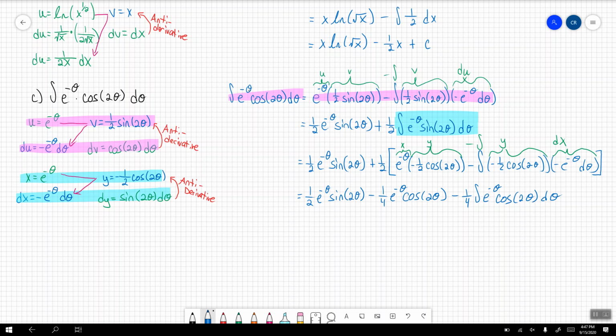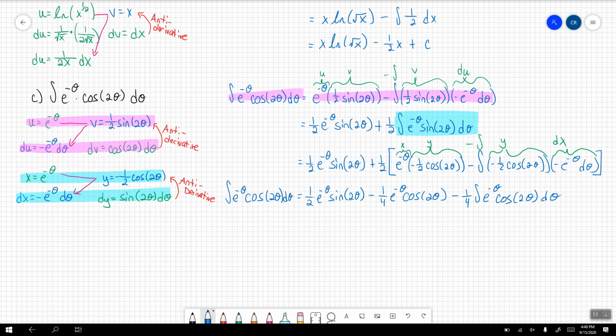Now remember, this is all equal to this initial integral. So all of this is equal to the integral of e to the negative theta multiplied by cosine of 2 theta d theta.